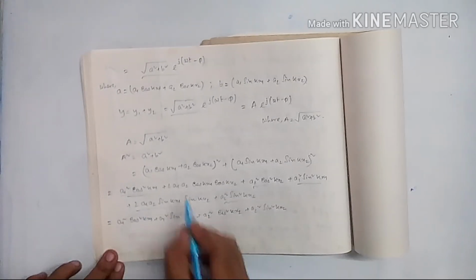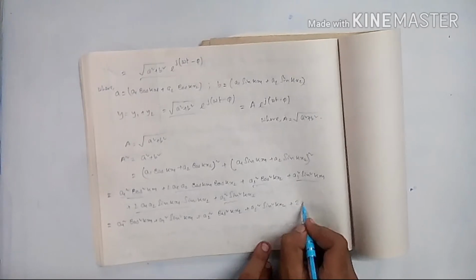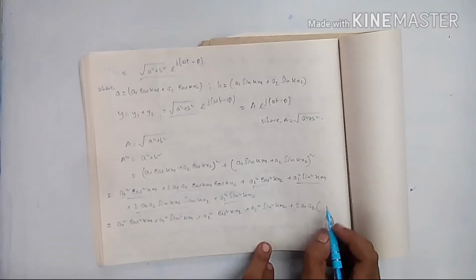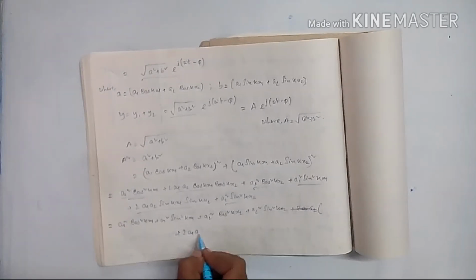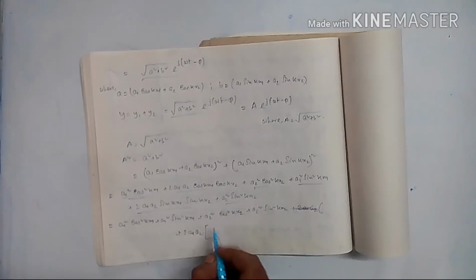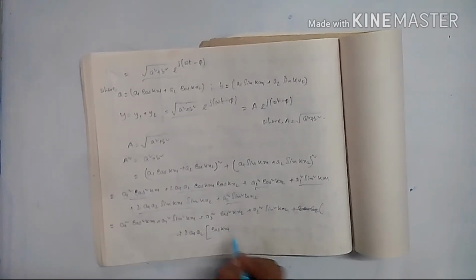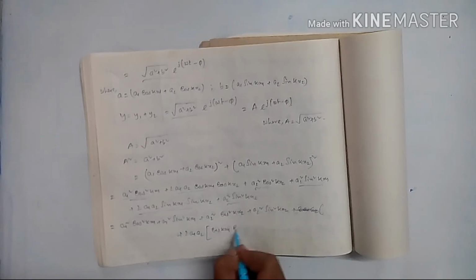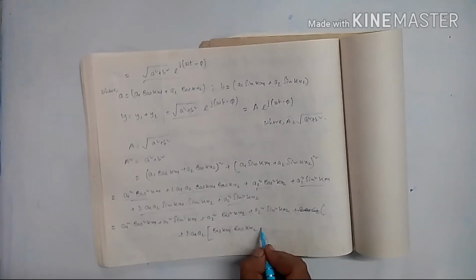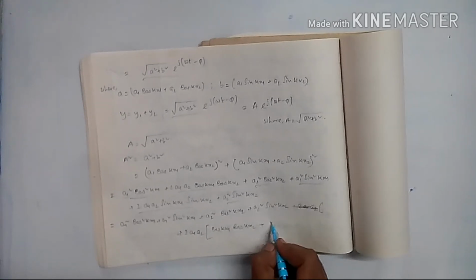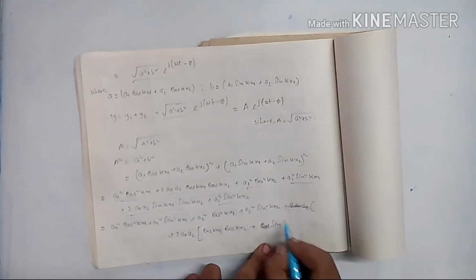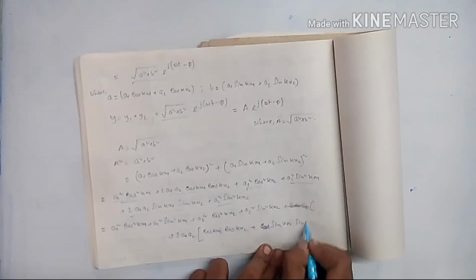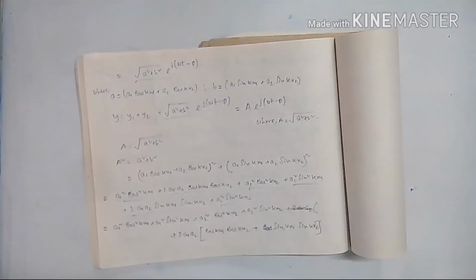And write the remaining part: take 2A1A2 common, and it is cos kx1 cos kx2 plus sin kx1 sin kx2. Okay, so I proceed to the next step.